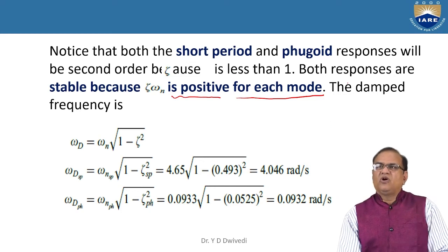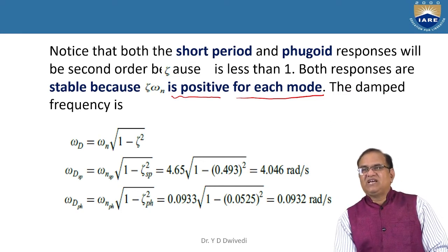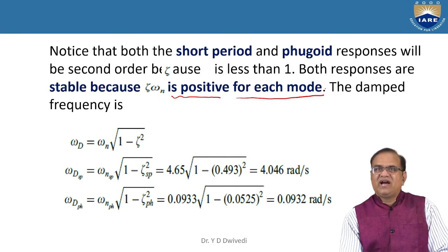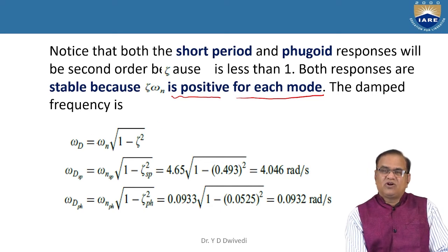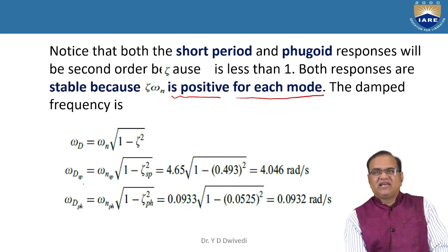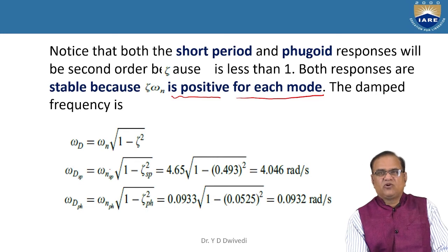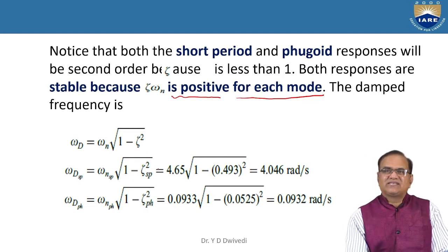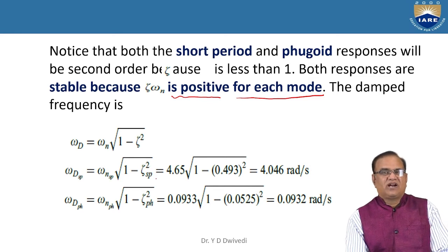Now we have to find out the damped frequency, omega d. So omega d is equal to omega n under root 1 minus zeta square. So omega d for the short period is equal to omega n of short period under root 1 minus zeta square of short period.